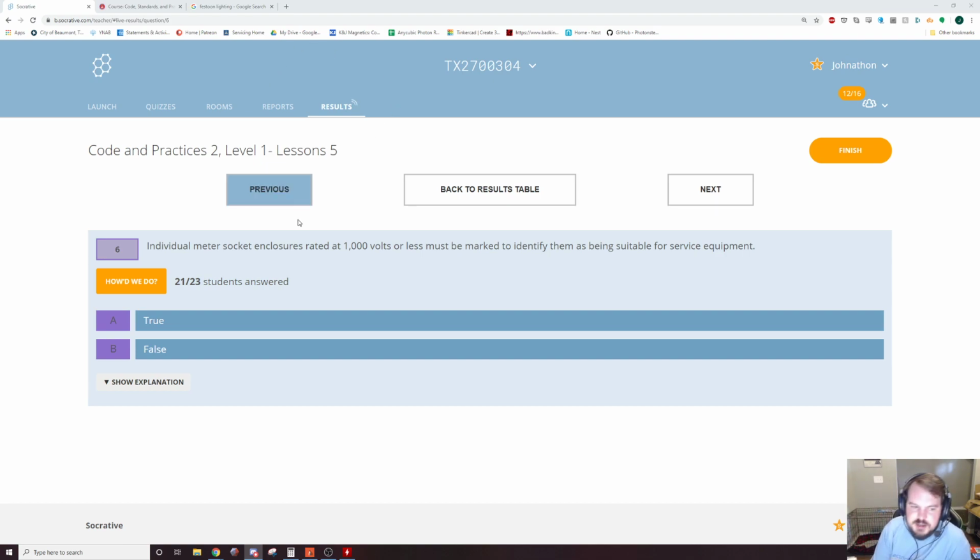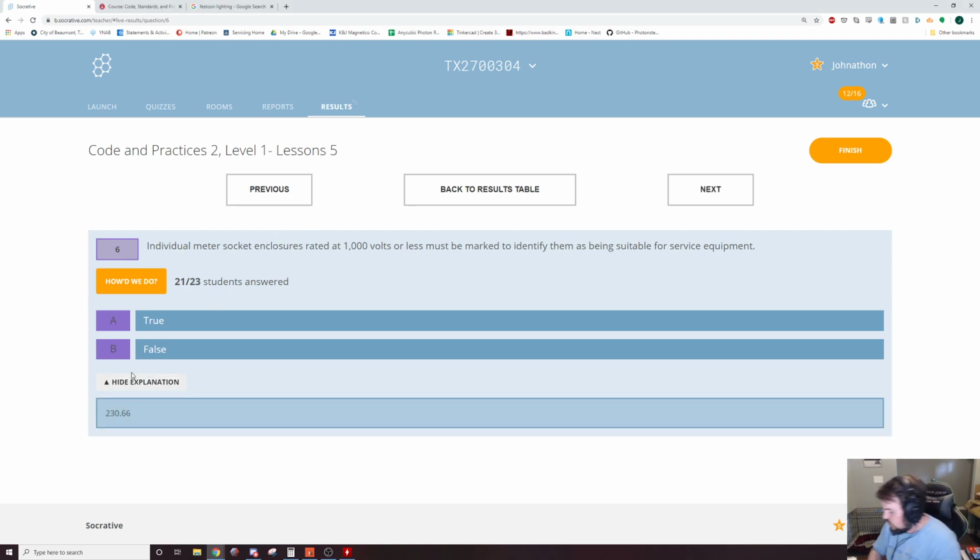And I'm going to cheat again. 230.66. Oh, service equipment marking. The marking methods for service equipment, that's marked to identify. I was looking for meter socket enclosures. So this is 230.66 for this one.